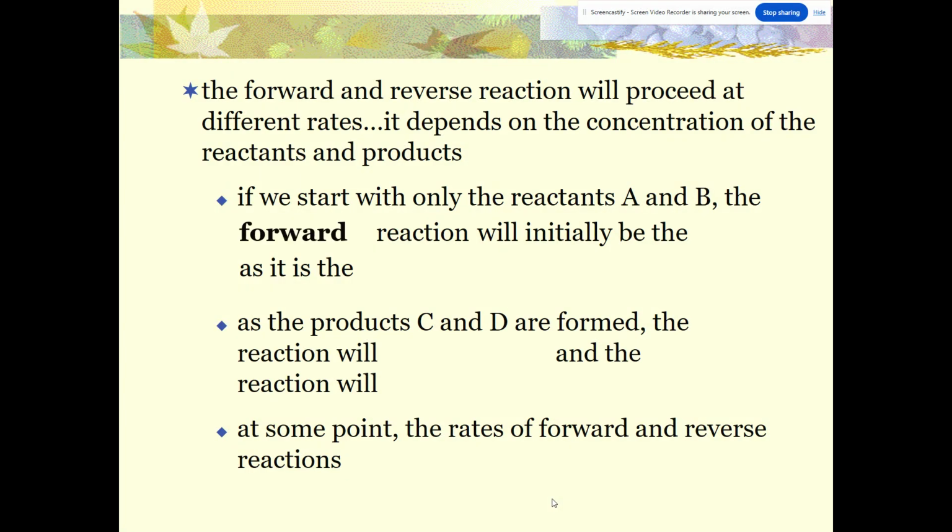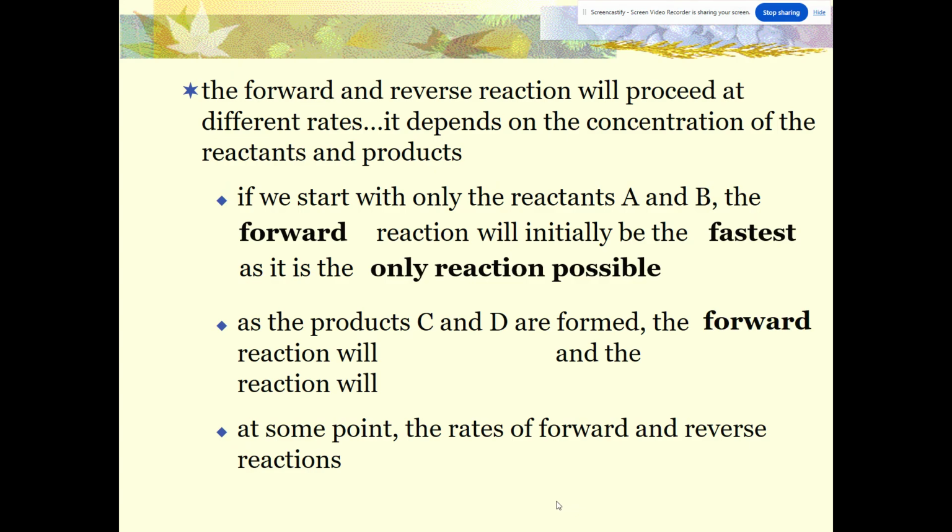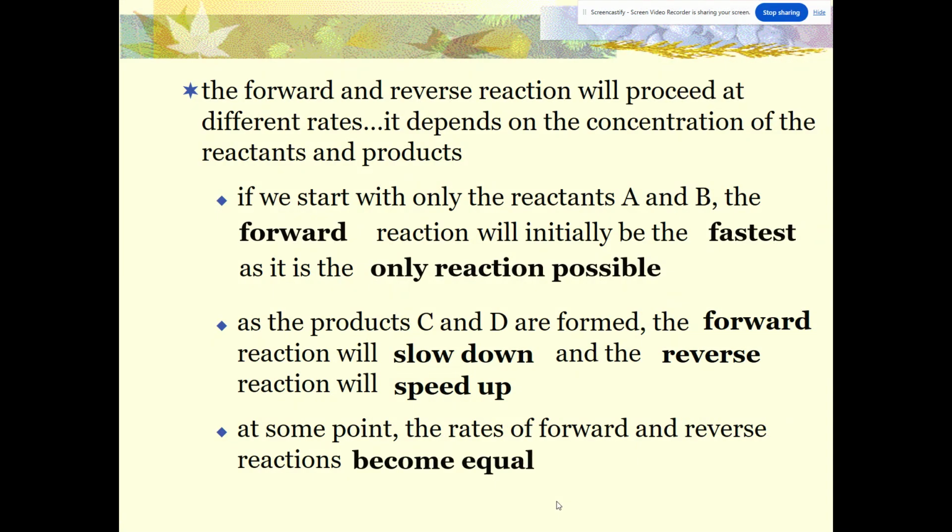At first, only the forward reaction will happen because all you have to start are the reactants. Generally speaking, we start with reactants as the only species present. So that'll be the fastest reaction. Now, as the products C and D are formed, the forward reaction starts to slow down, but the reverse reaction speeds up, and then at some point they become equal.